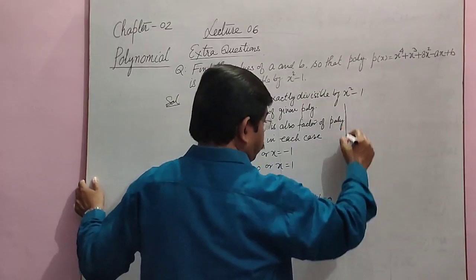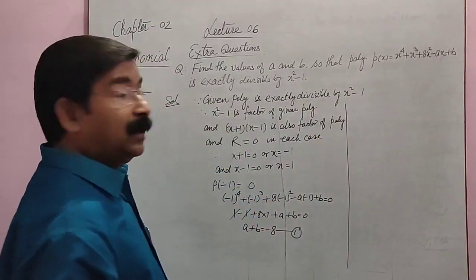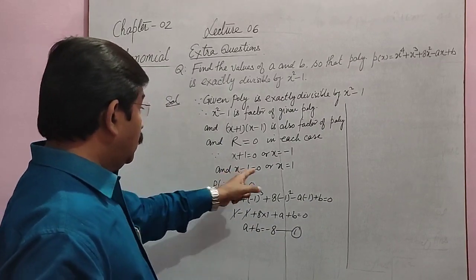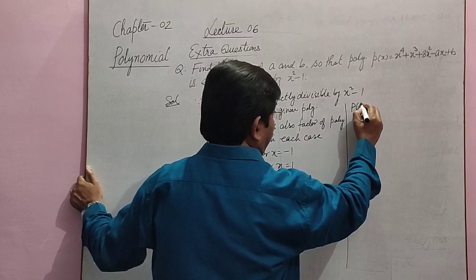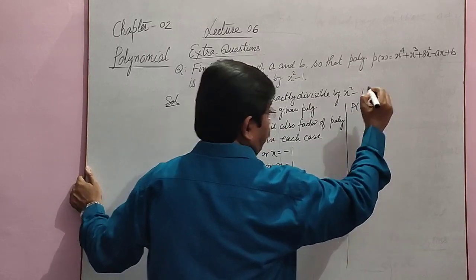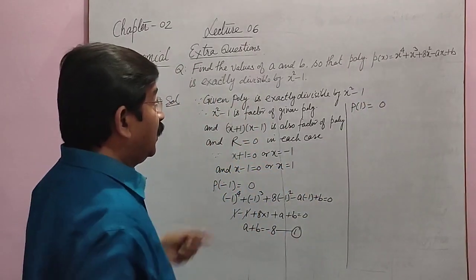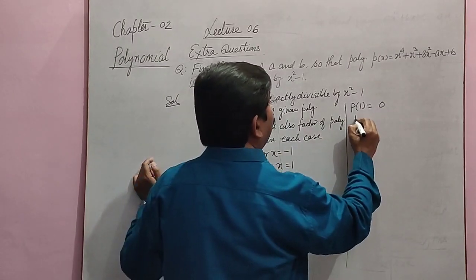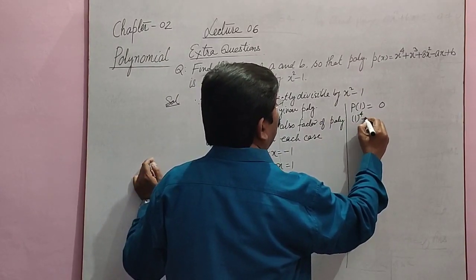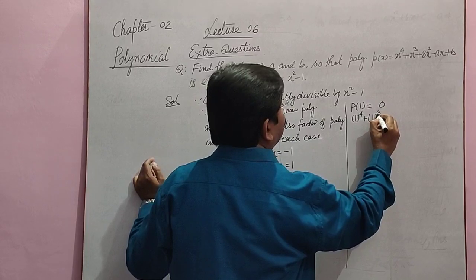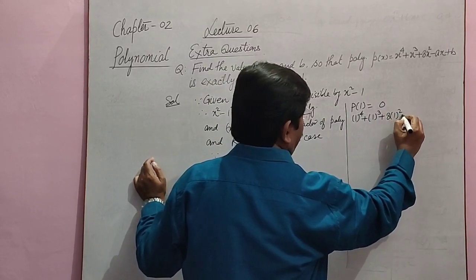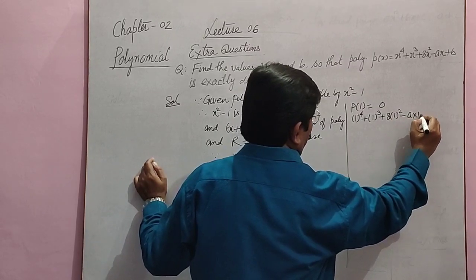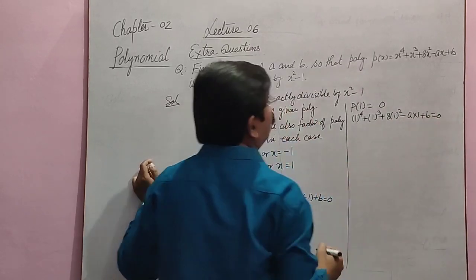Similarly, let's find P(1). P(1) means we are putting x is equal to 1. P(1) is also 0. Write the value. We have 1 to the power 4 plus 1 to the power 3 plus 8 into 1 square minus a into 1 plus b is equal to 0.